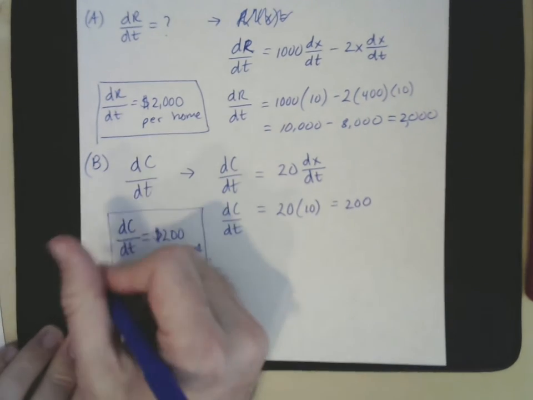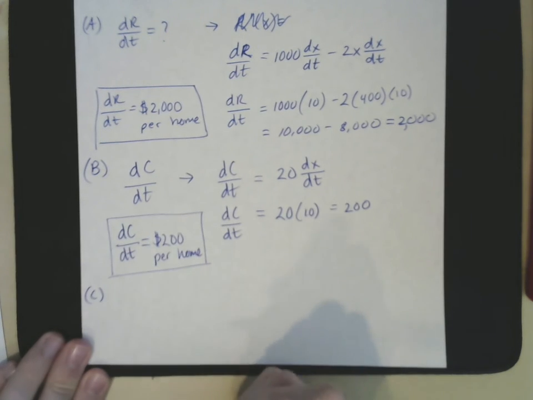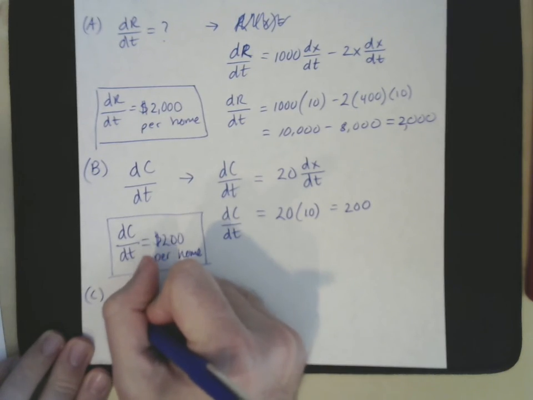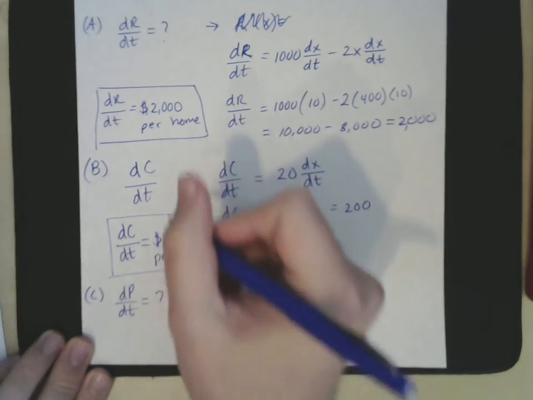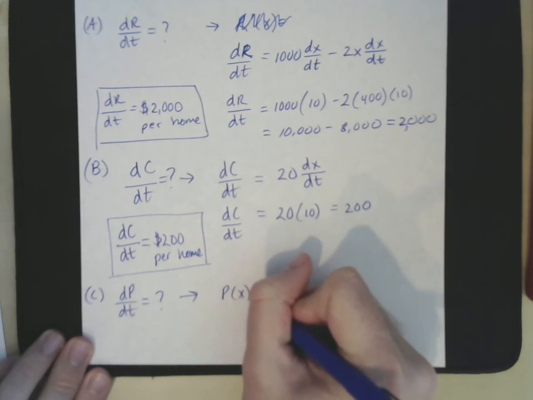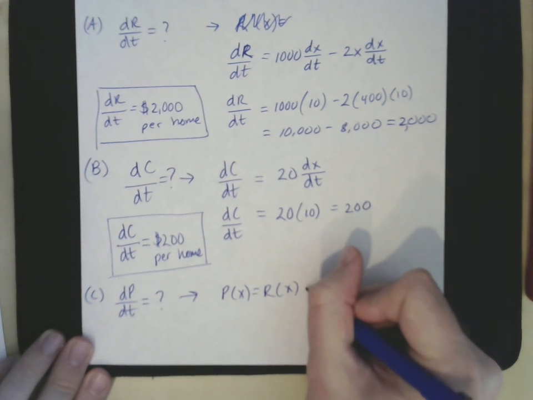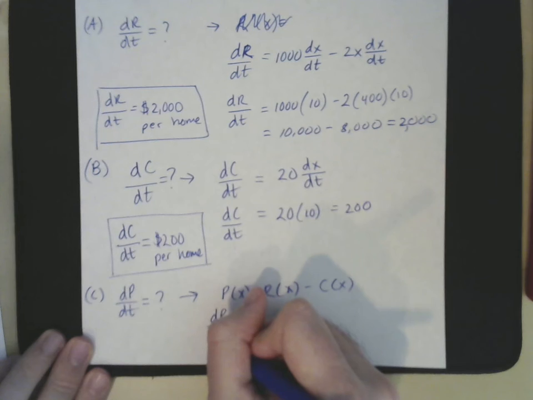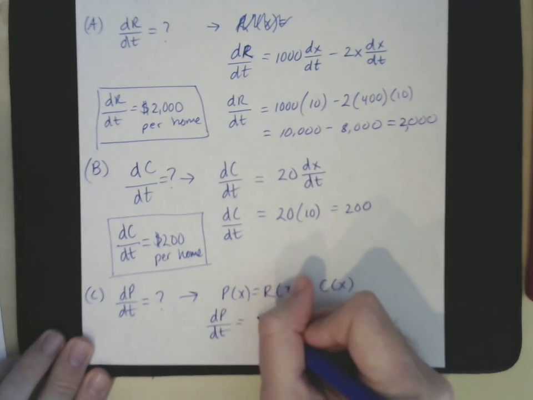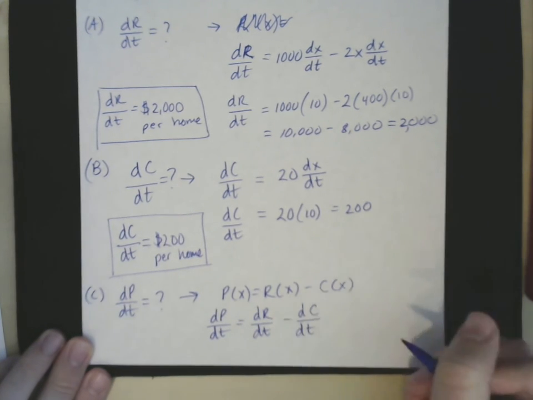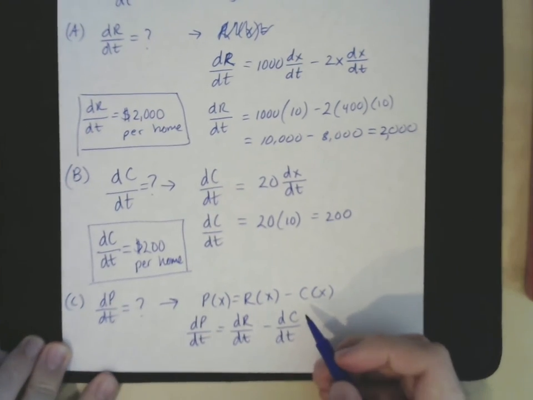Okay. So part C, doing the same thing once again, only now we're finding dp dt. So p of x equals r of x minus c of x. So dp dt would be dr dt minus dc dt. And we've already calculated those.